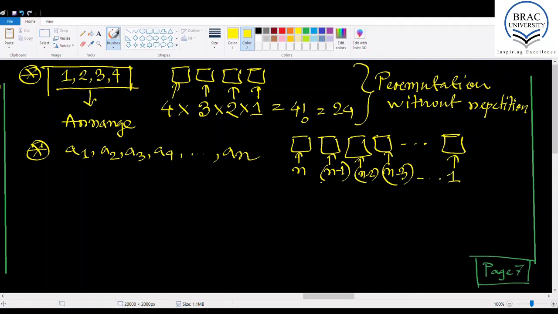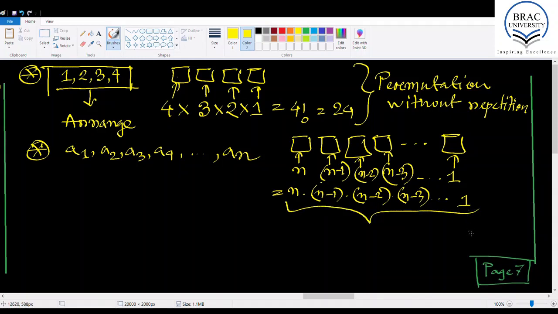So the total number of ways in which I can arrange all of these n elements will be n times n minus 1 times n minus 2 times n minus 3 times, up to 1. And can you remember what this product is called? Yes, this product is known as n factorial.